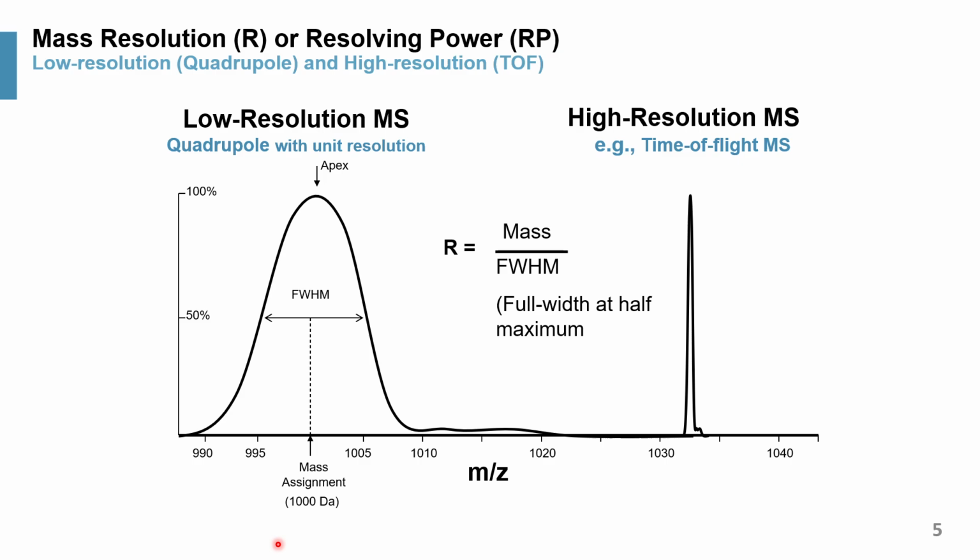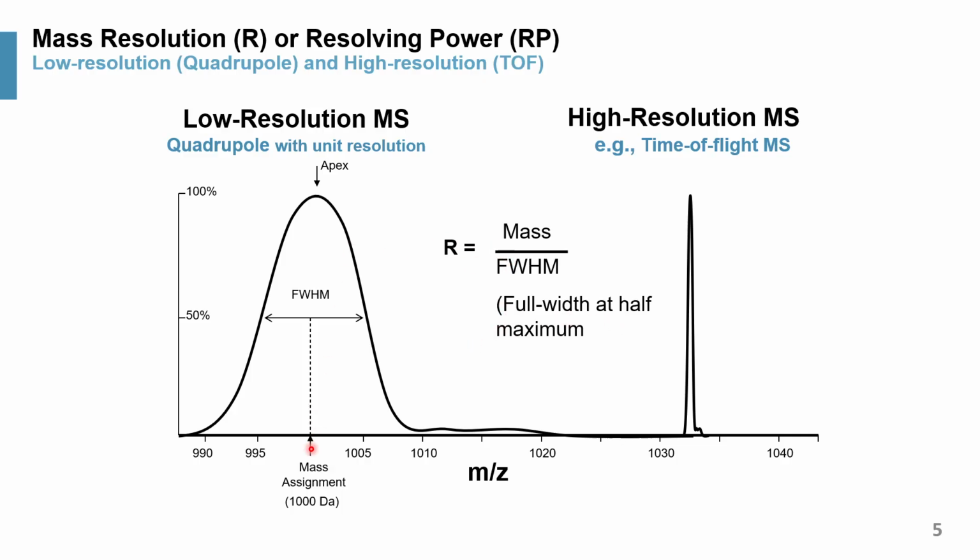Some example of mass resolution, R, which is equivalent to another term called resolving power. Many of the mass specs are low resolution or having a unit mass resolution, such as quadrupole. Later we would define what it is. And the way you measure resolution is by the mass over the full width at half height.